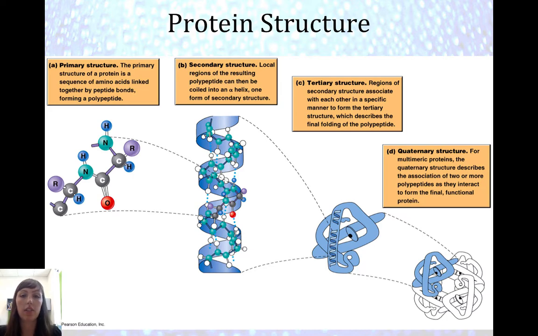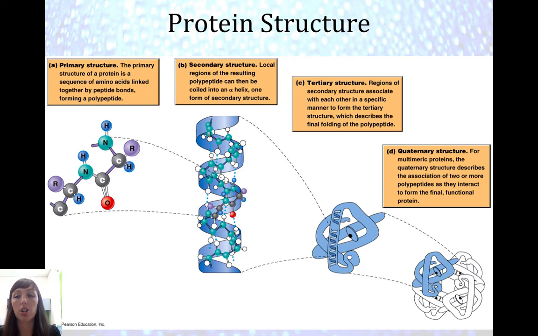Then next you see the secondary structure. Local regions of the resulting polypeptide can be coiled into a helix, and here it's an alpha helix, and we're going to learn about what that means, to form a secondary structure. So the primary structure is just the linked amino acids into polypeptides, then those polypeptide chains coil into a secondary structure.